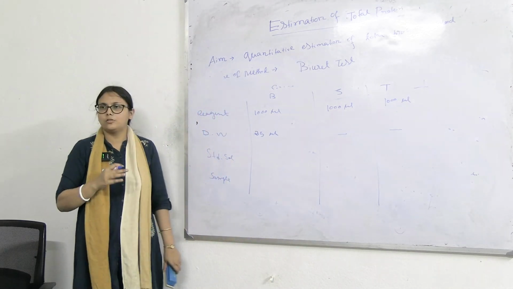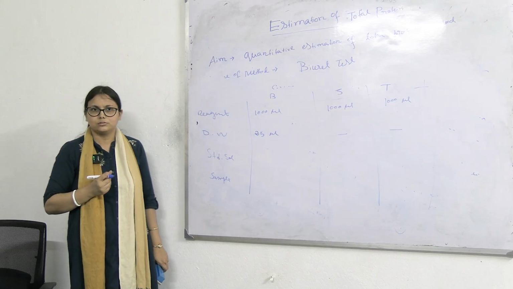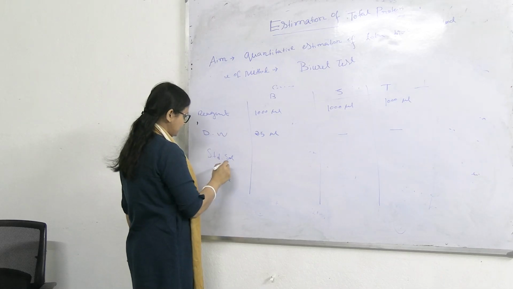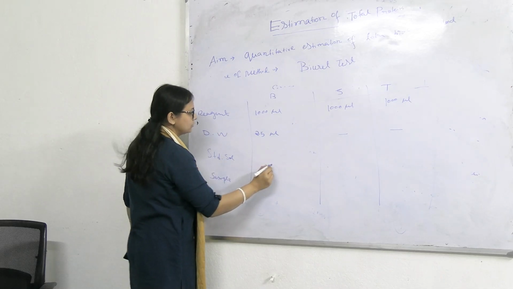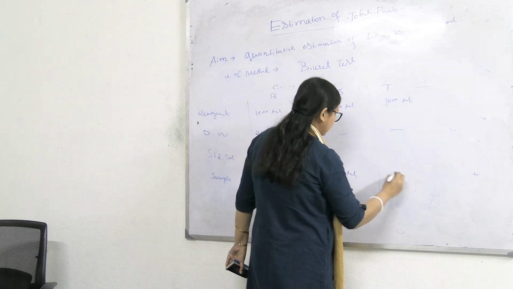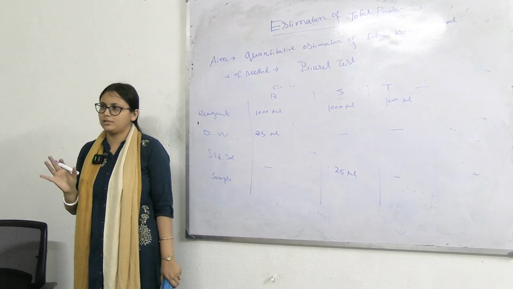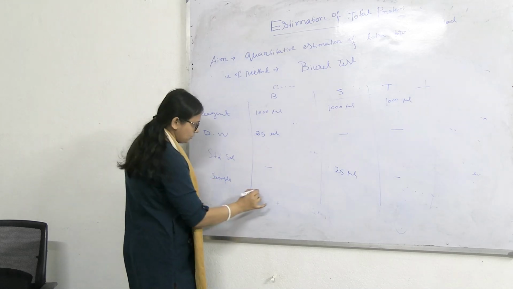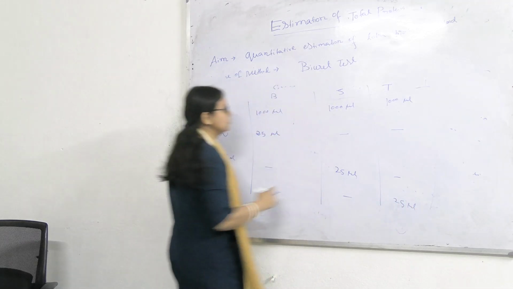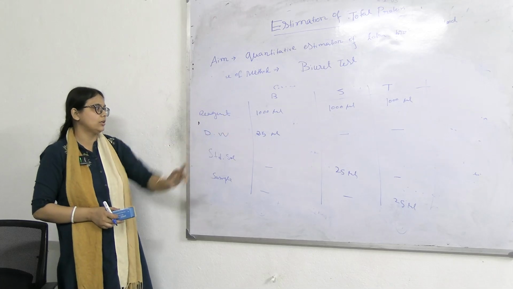Why do we use a blank test tube? Sometimes the reagent itself gives some color, so we have to subtract it. Okay, reagent in each of the 3 test tubes, 1000 microliters each.